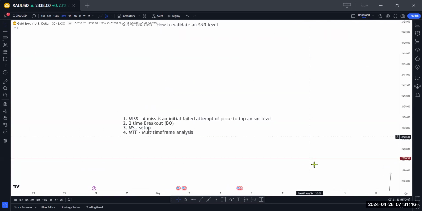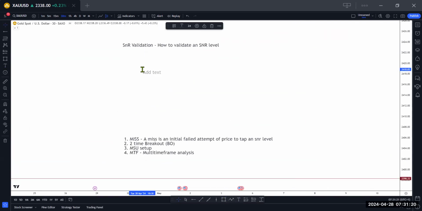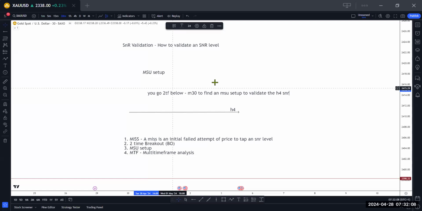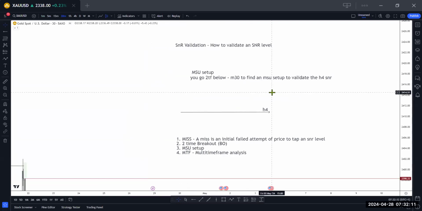So the idea of the MSU setup is that when price taps a higher time frame SNR level, say this is H4, you go two time frames below, so that's M30, to find an MSU setup that validates the H4 SNR.